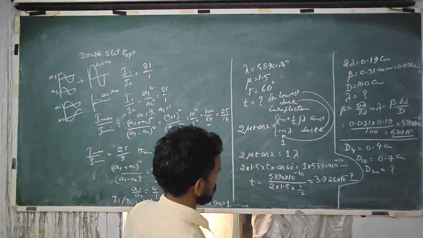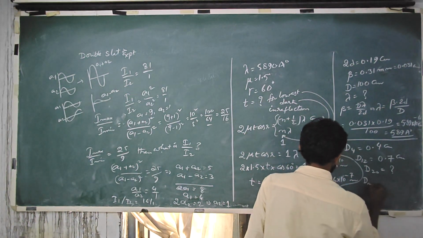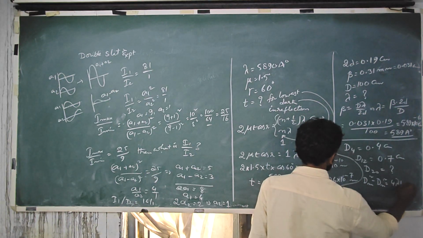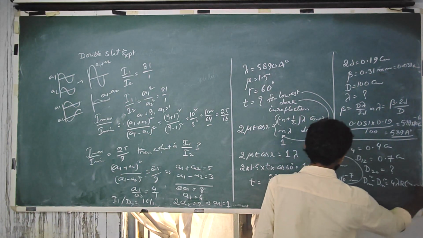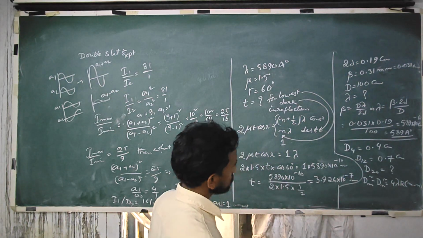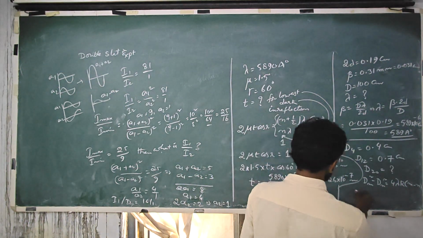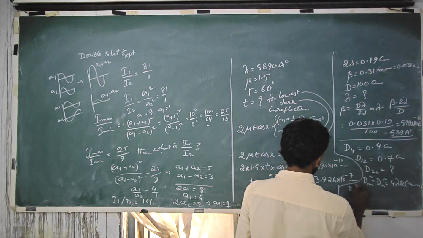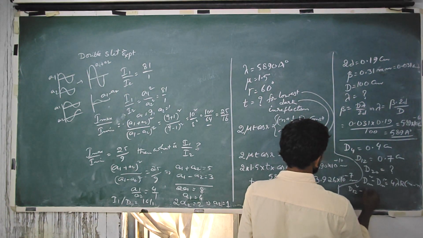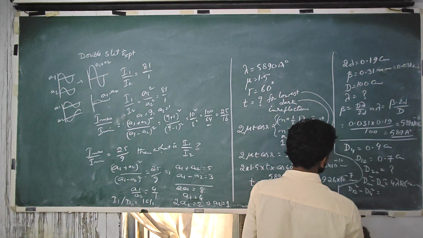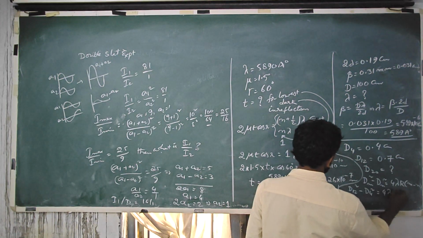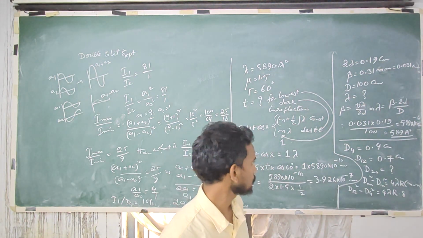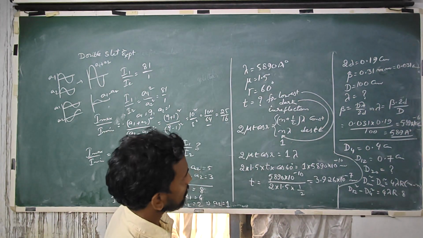So what is the equation? Dm square minus Dn square is equal to 4 lambda R into m minus n. So for the first case, we select 12 and 4. D12 square minus D4 square is equal to 4 lambda R into 8. What about the other one?